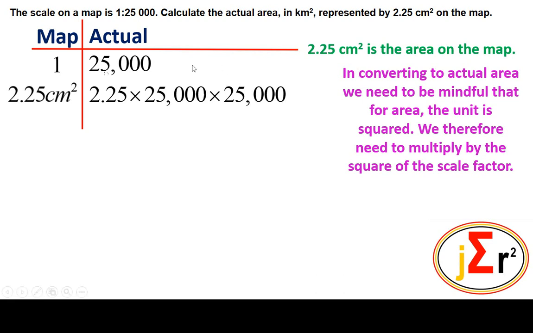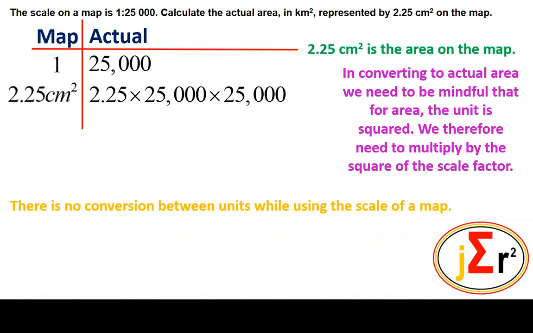However, we are talking about square centimeter, and on this side we are going to be converting to kilometers squared. Therefore, we need to square the scale. The unit is squared, therefore we need to multiply by the square of the scale factor.